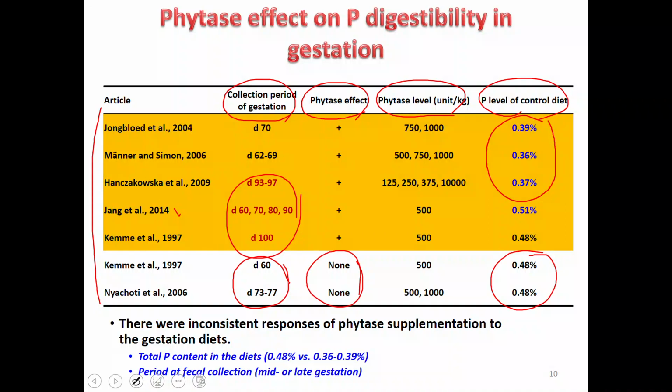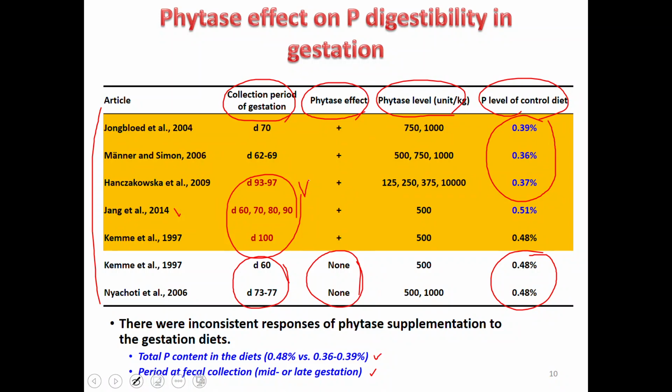So phytase supplementation effect in gestation period is depending on total phosphorus content in the control diet and then period of fecal collection. So late gestation period, due to fast fetal growth, the sows require more nutrient.